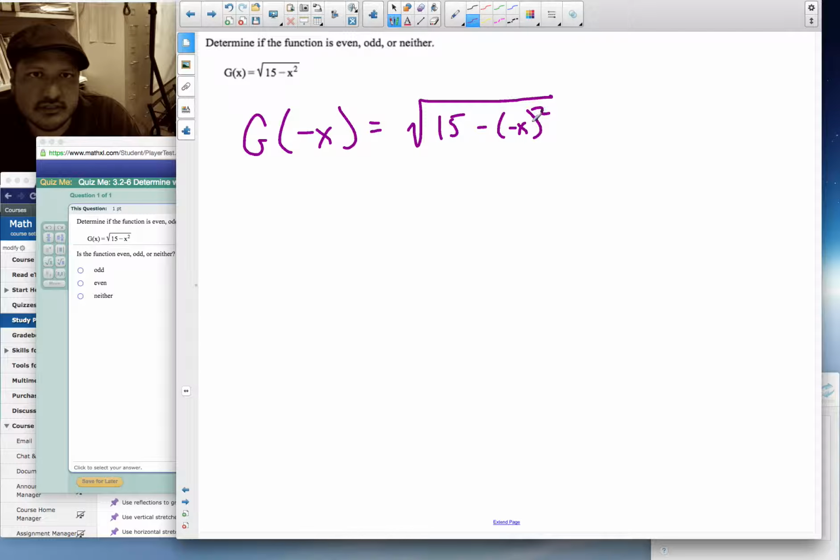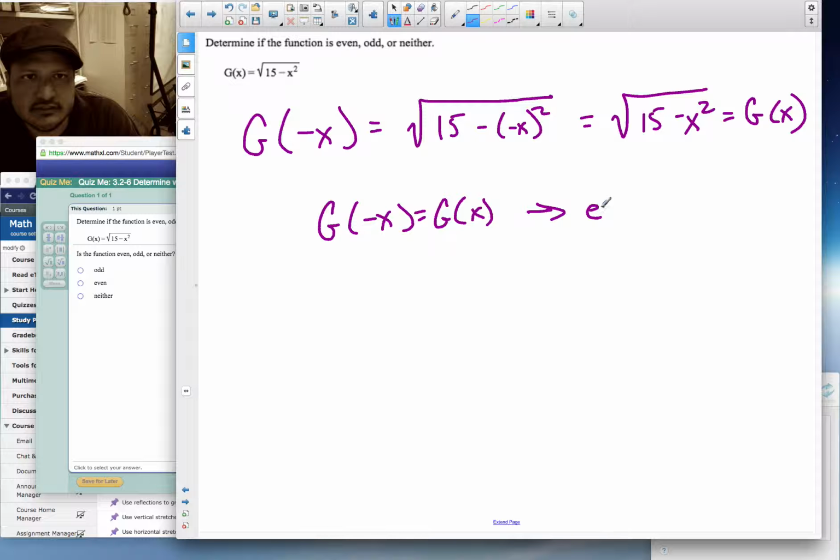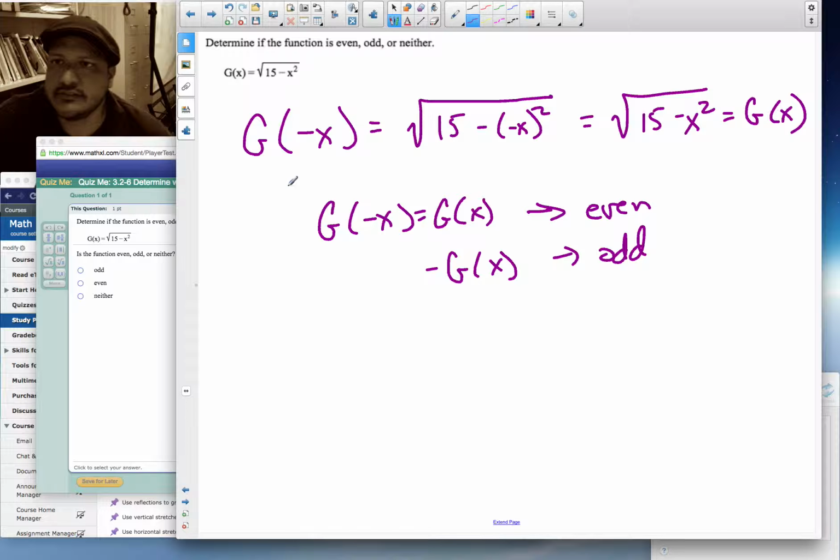Well, remember PEMDAS says the power goes first, so this is just 15 minus x squared, but this is just the original function. So whenever you have that g of negative x equals g of x, that means it's even. If it's negative g of x, it's odd. So here it's even.